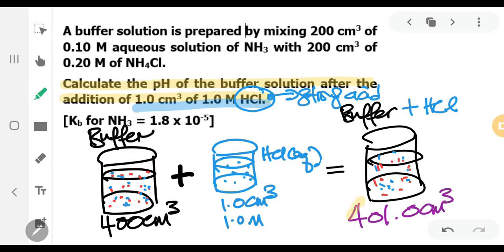This is a very important piece of information because we're going to use this later on when we want to plug in the value into the Henderson-Hasselbalch equation. This is the situation that we are having now, and we want to find out the pH after we have added a small amount of strong acid into your buffer.